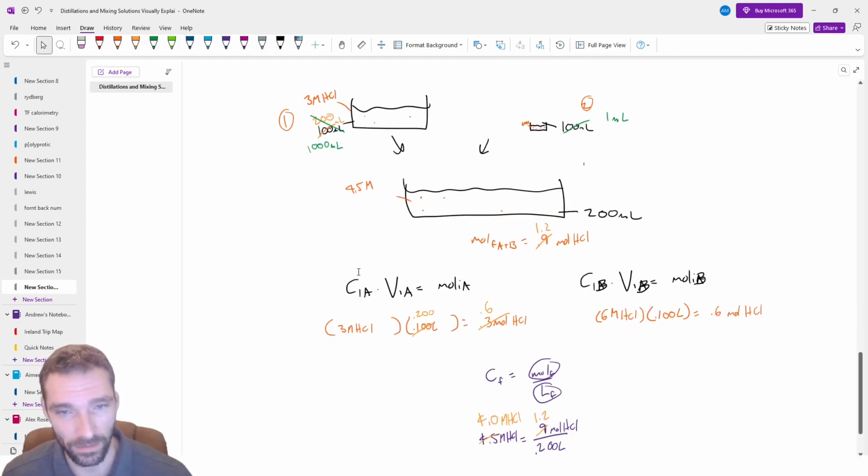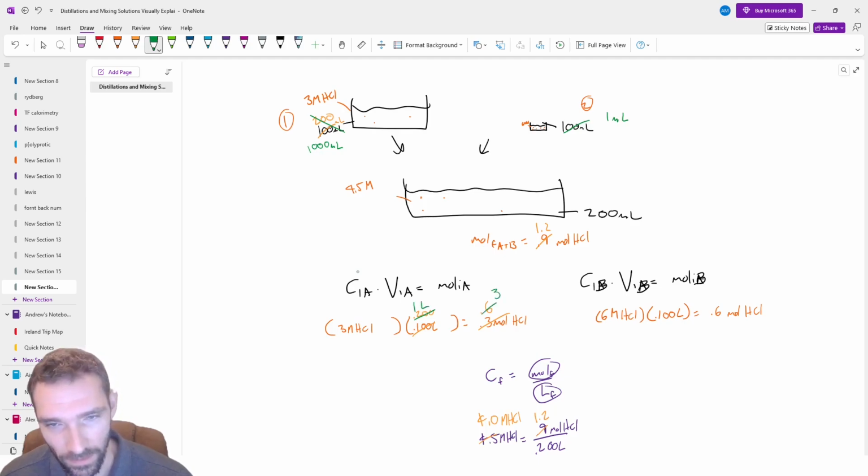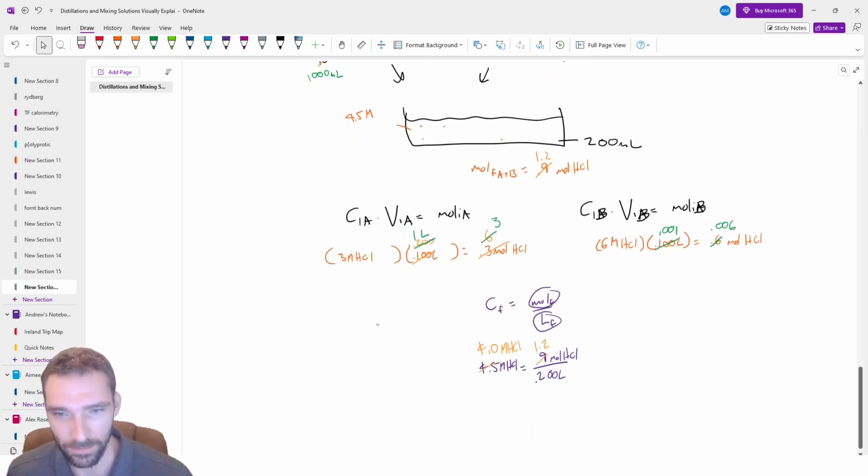So if we think about the math here, you've got 1 liter. So 3 times 1 liter is about 3 moles of HCl. And then this is 0.001. So this is a very small number. I think it's like 0.006. It's so small that it's insignificant in the big picture on this math.